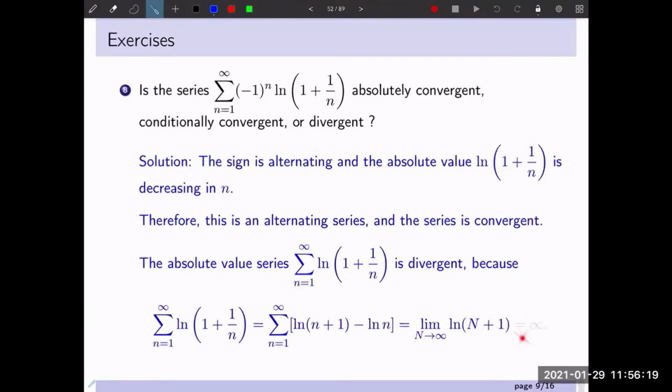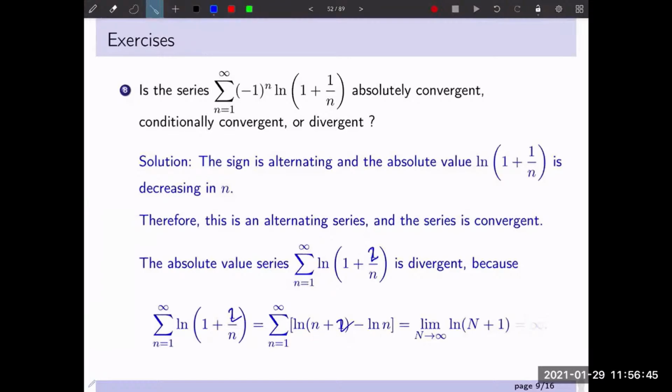The reason is, what if you have 2 over n here? Then it will become different. Okay. In this case, you could not get cancellation. You cannot get cancellation. Okay.